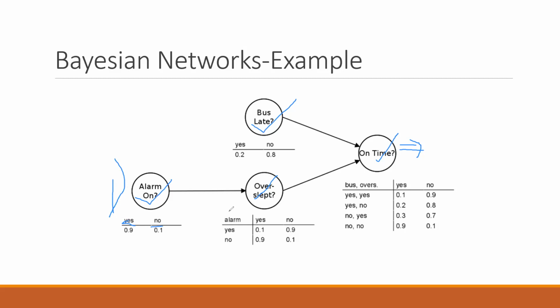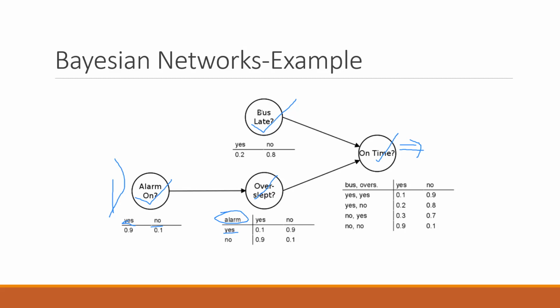So we will assign values for alarm yes and no, and overslept yes and no, because overslept depends on the alarm. We have two variables here, so we will have four possible combinations: yes-yes, yes-no, no-yes, and no-no. This is how the conditional probability is assigned.